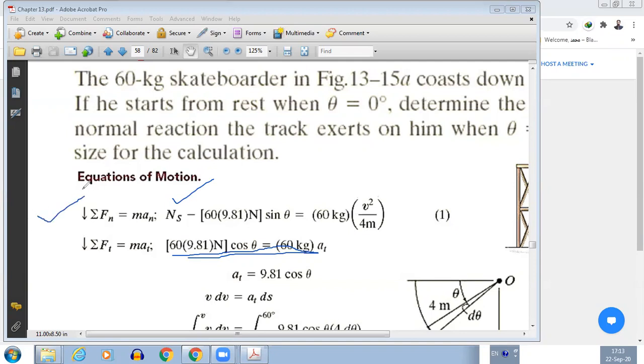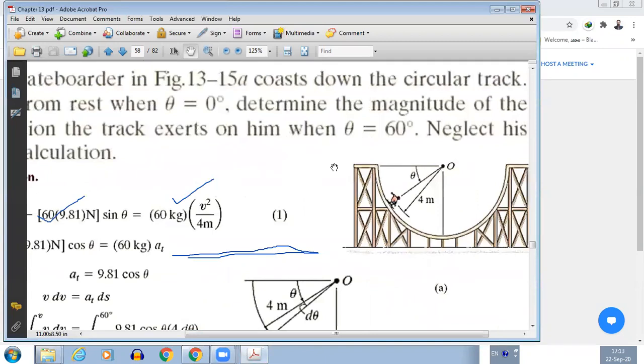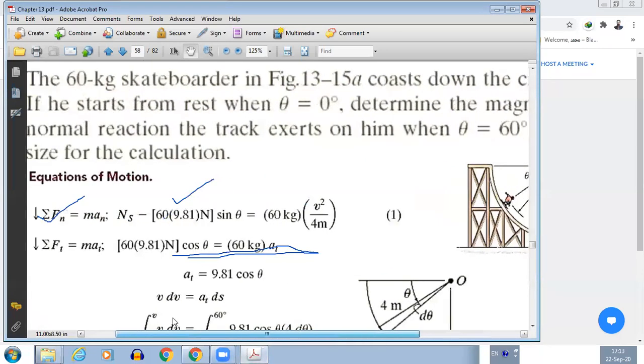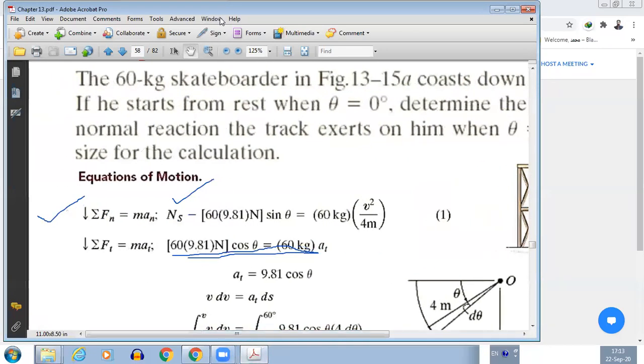We have theta. It's mentioned in the question that we want to solve it for theta equals 60 degrees. So no problem here. Theta is known. Do we know the velocity? There's the problem.